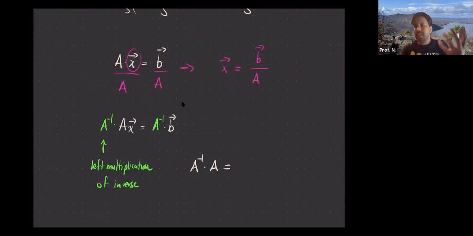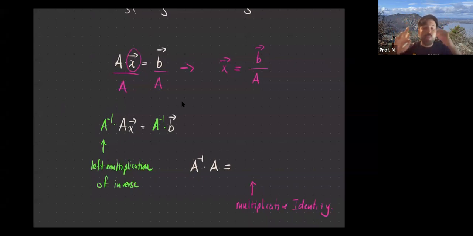When I multiply a matrix with its multiplicative inverse, I should get the multiplicative identity, which in essence is like saying I get one. But what is one in the world of matrices? One matrix.